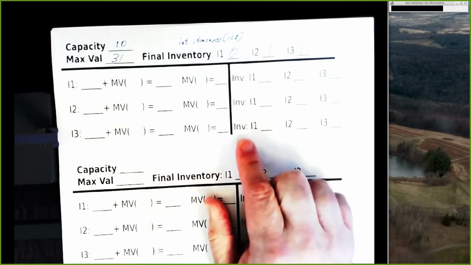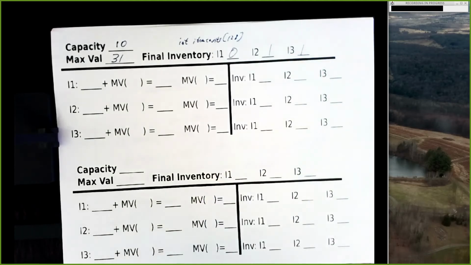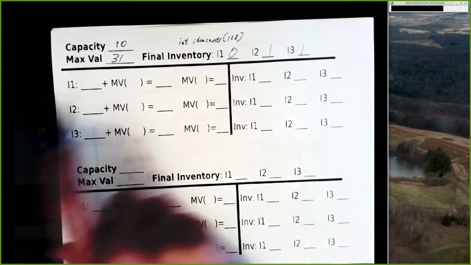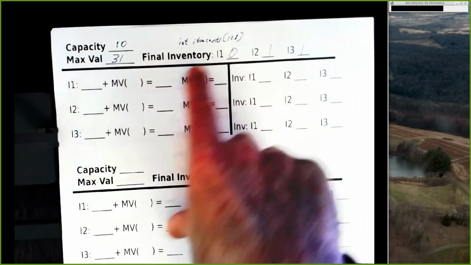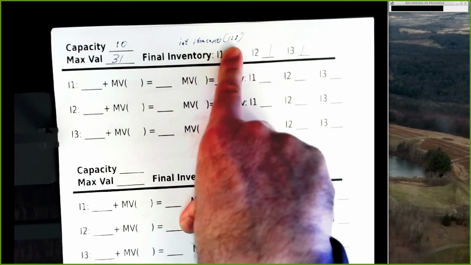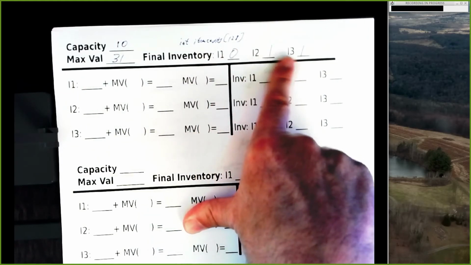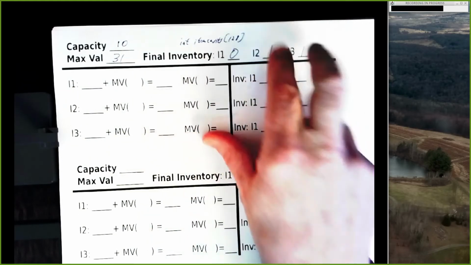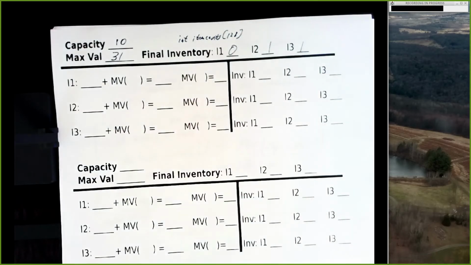So it's an array, initialized to all zeros, and when you get back from MaxVal, it returns a 31 for the value and an array of item counts. And in that array, the number of each item that it says you should take, the values of those should add up to 31.